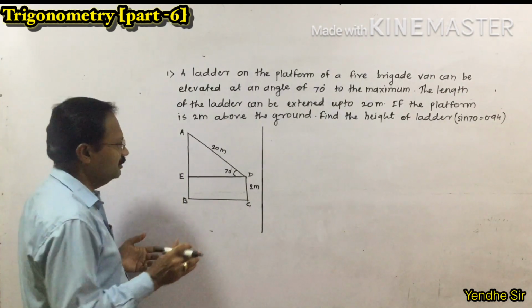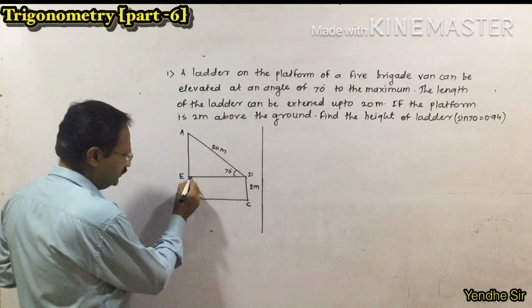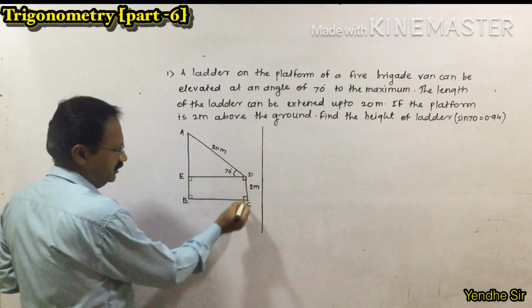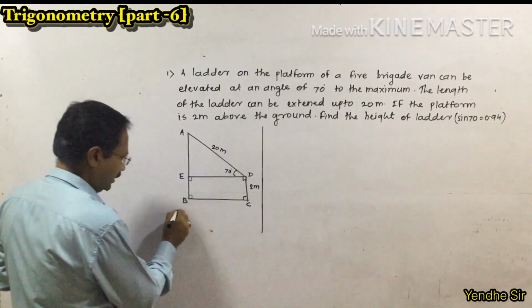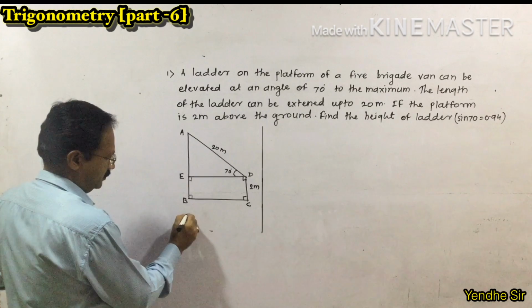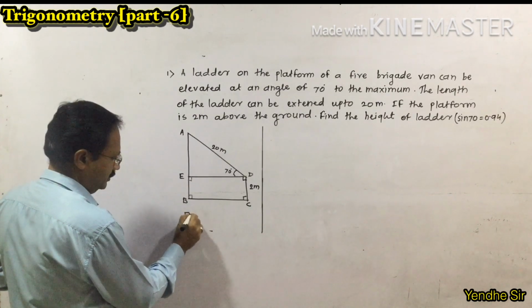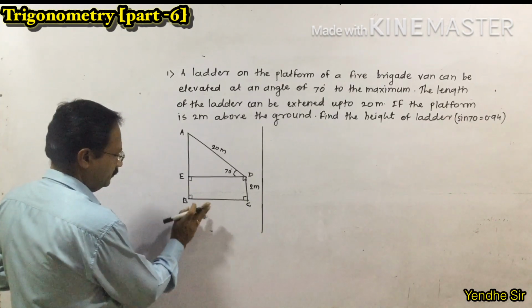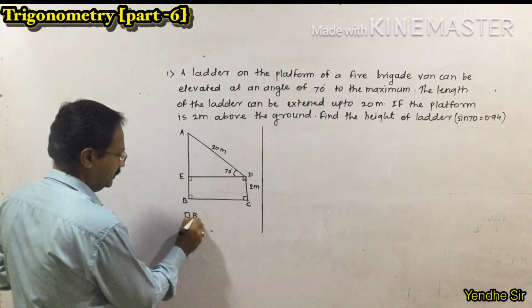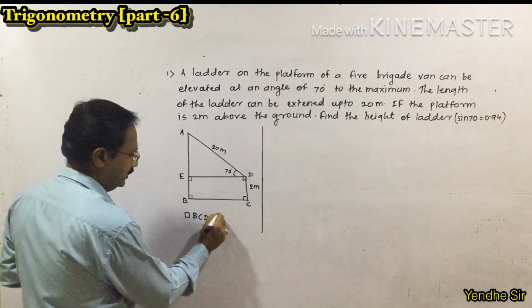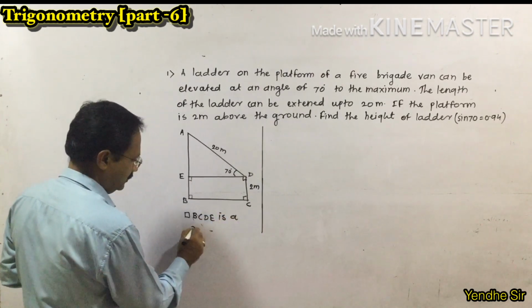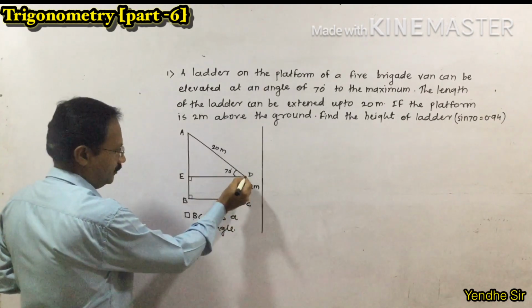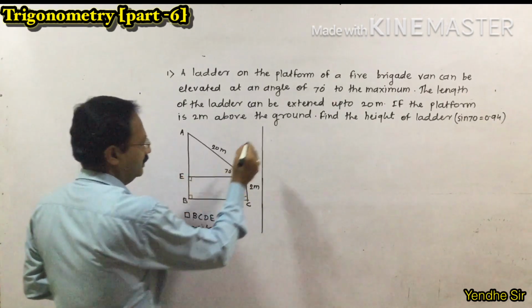It is very simple. See, this is a rectangle. We know that it is a rectangle, so I am going to write it first. Quadrilateral BCDE is a rectangle, and if it is a rectangle, then opposite sides are equal.